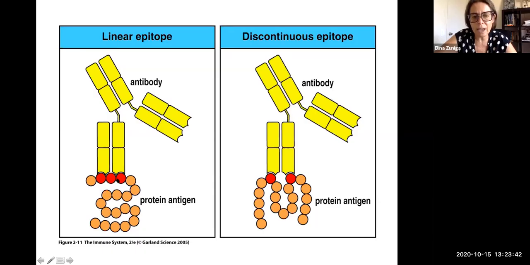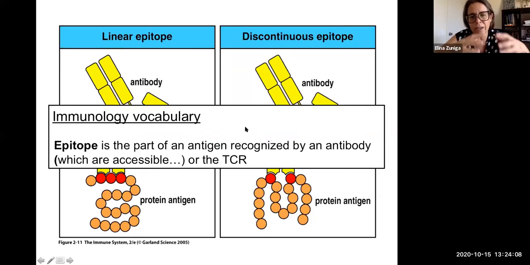And this epitope can be linear, so all the amino acids in the epitope are together, for example, in a protein antigen, or they can be separated, but they become in close proximity in the 3D structure of the particular protein antigen, okay? So it can be linear epitopes or discontinuous epitopes, but they need to be accessible in their native form for the antibody to be able to bind to them.